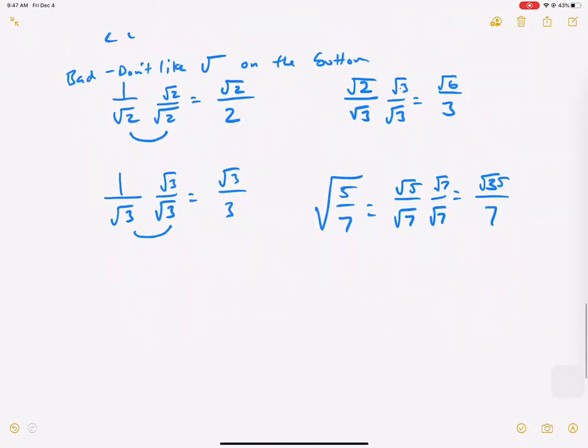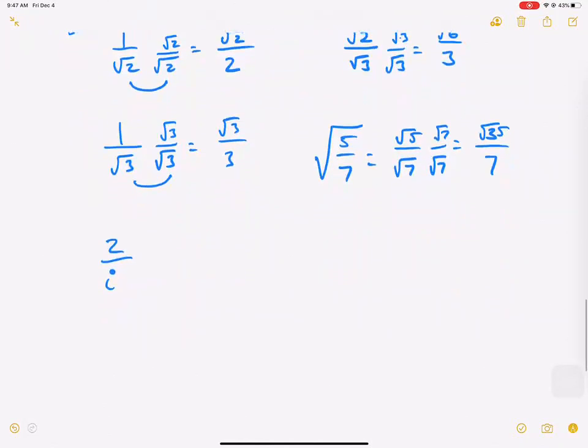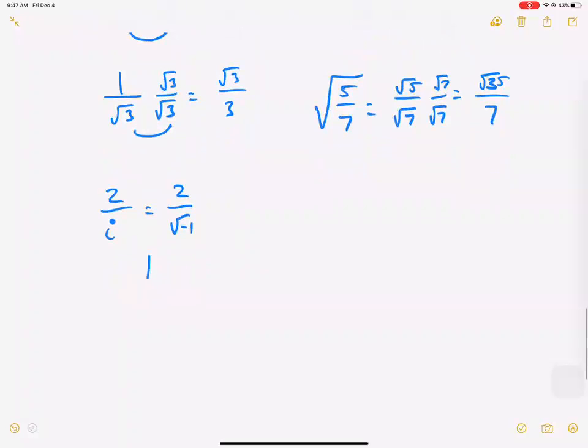Now, the same thing happens if we have imaginary numbers on the bottom. If I write 2 over i, remember we said this i on the bottom is the same thing as the square root of negative 1. An imaginary number is just another way of saying square root, and we don't like square roots on the bottom. So what we're going to do is multiply by an i. But you've got to be careful here, because 2 times i is 2i, great.